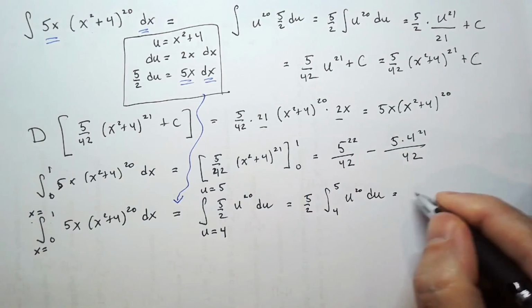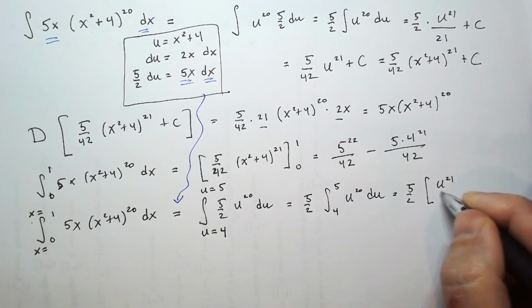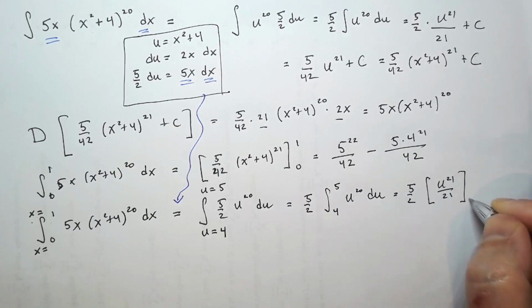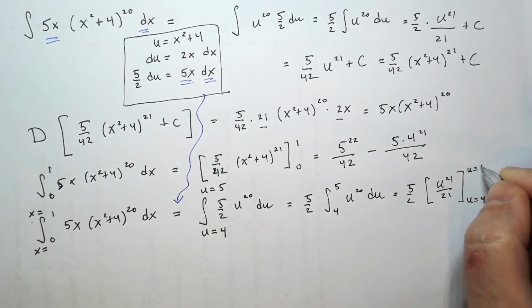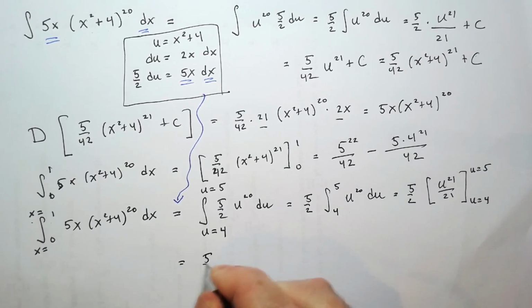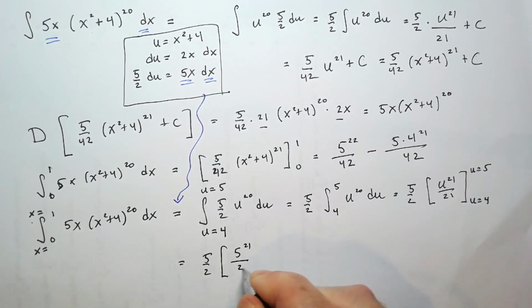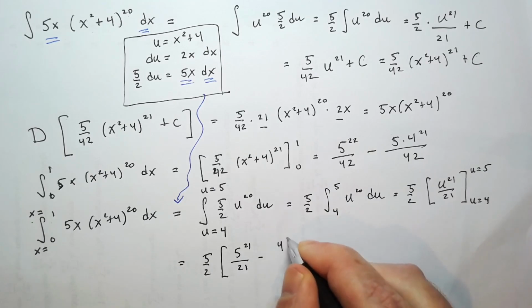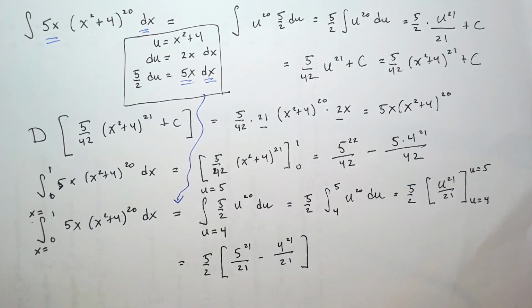We then find an antiderivative, u to the 21st divided by 21. We evaluate that between u equals 4 and u equals 5. And so we get 5 halves times 5 to the 21st power over 21 minus 4 to the 21st power over 21. And this is equivalent to our previous answer.